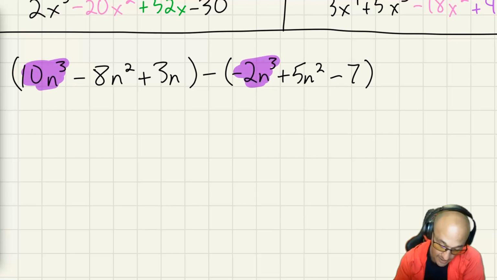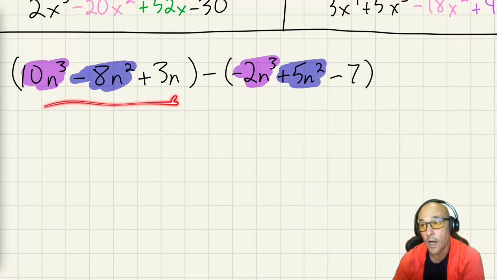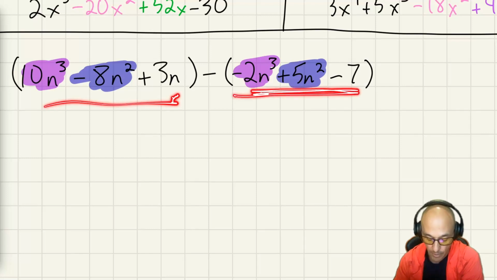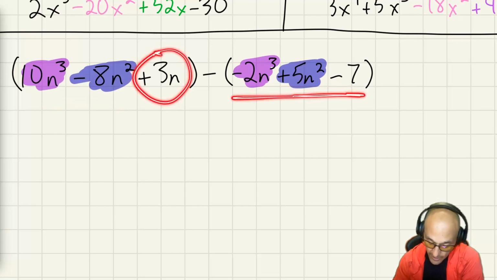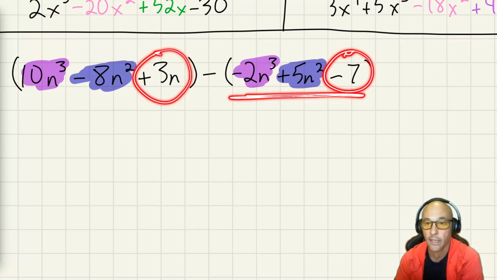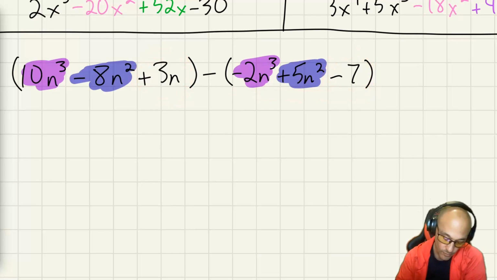If you do not have a way to use colors like this, I think it's harder, because you might think that every term from this polynomial needs to be combined with every term from this polynomial. But this n term doesn't have an n term over here. This is a constant. They cannot be combined together.